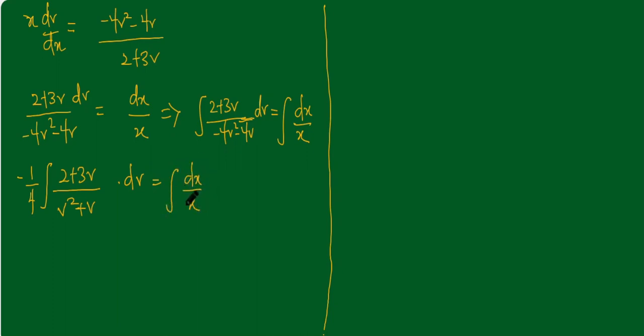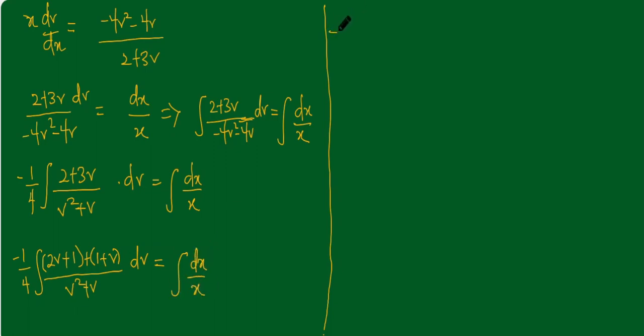So for the left hand side, we can now rewrite it to make our integration easier as minus 1 over 4 into bracket 2v plus 1 plus 1 plus v divided by v squared plus v with respect to v is equal to the integral of 1 over x with respect to x.